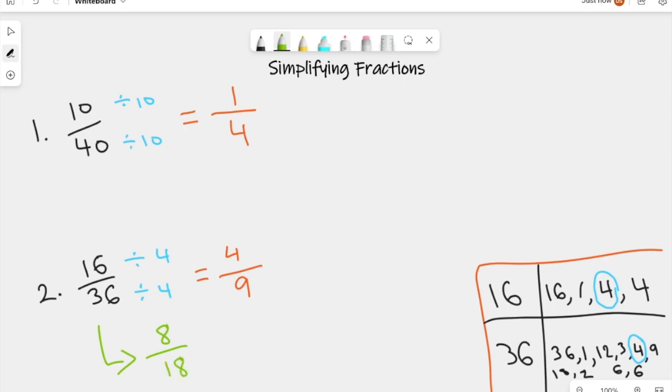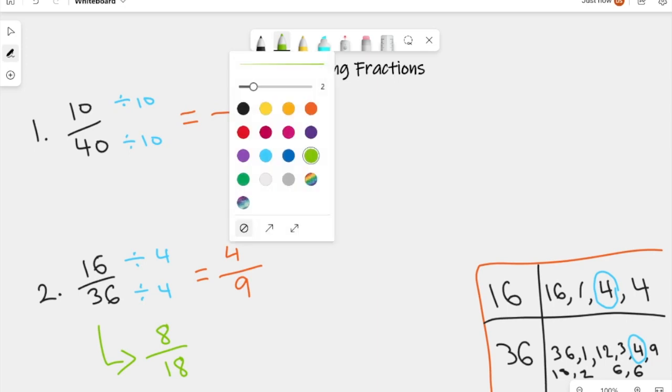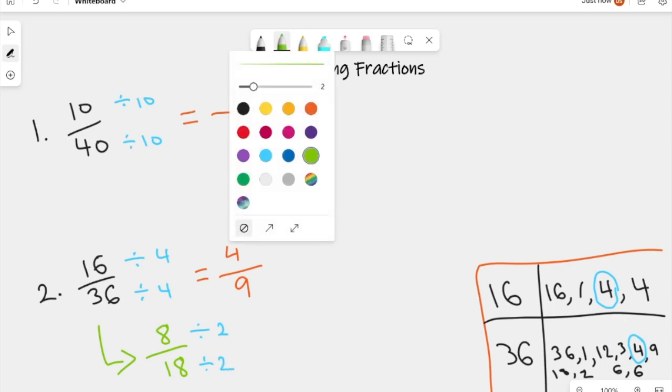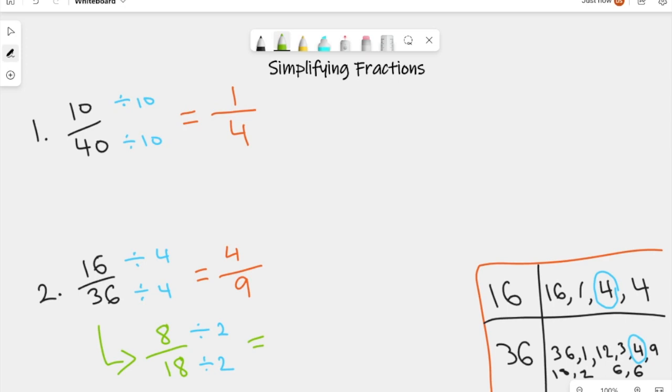I still have 2 even numbers. Let's try dividing by 2 one more time. And I'm going to get 4 over 9. Once again, I've reached the exact same equivalent fraction.